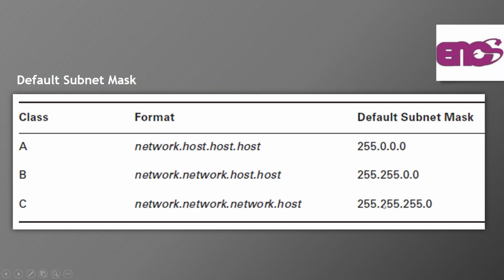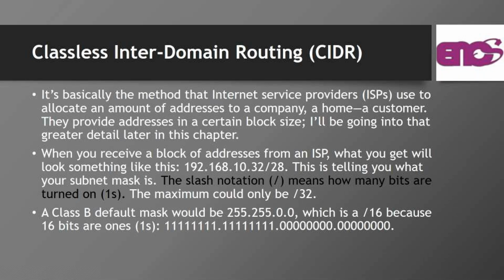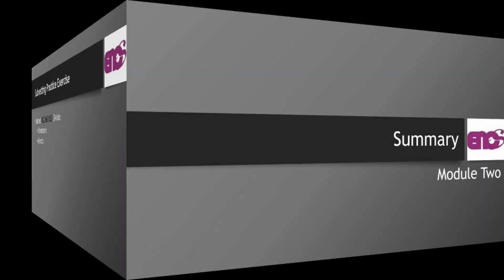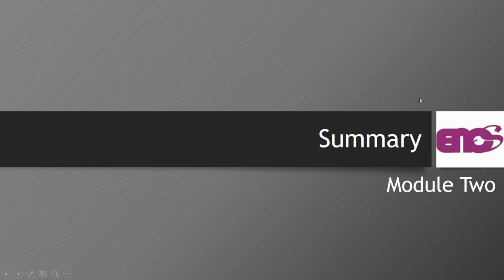This /24 is 8 plus 8, 16, 16 plus 8, 24. So that's just giving you a break. If I say /28, it means that the number of ones which signifies the network will be 28. And this is a subnetting practice question that you should do after you have gone through the video.